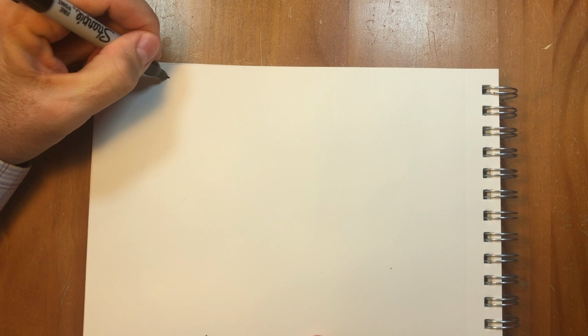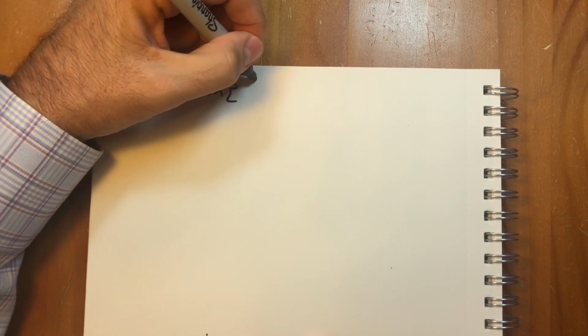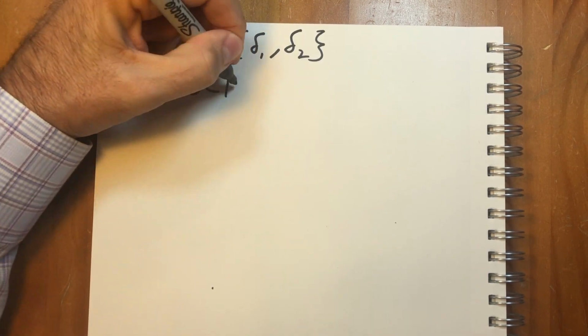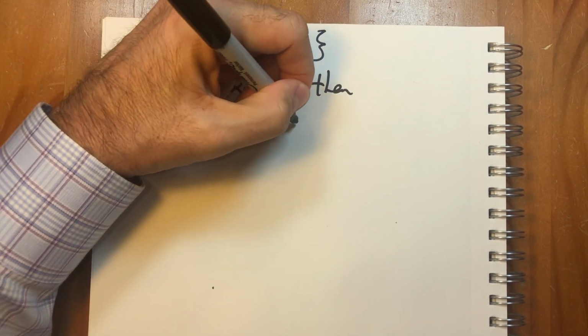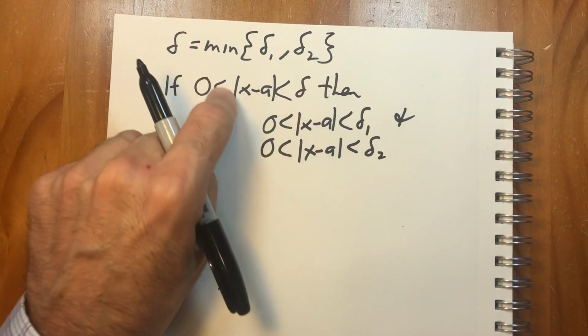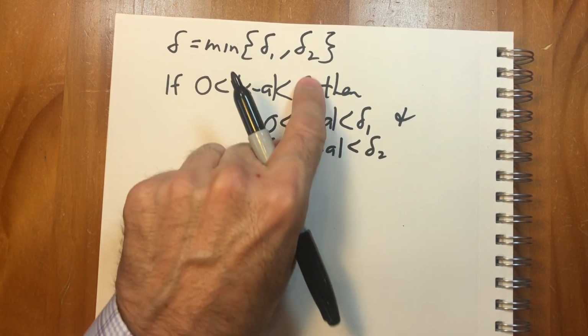So now we're going to do basically the same thing that we did in the last proof. So we just let delta equal the minimum of those two deltas, delta 1 and delta 2. So notice that if the absolute value of x minus a is less than delta, then that means that it's less than both of these, right?